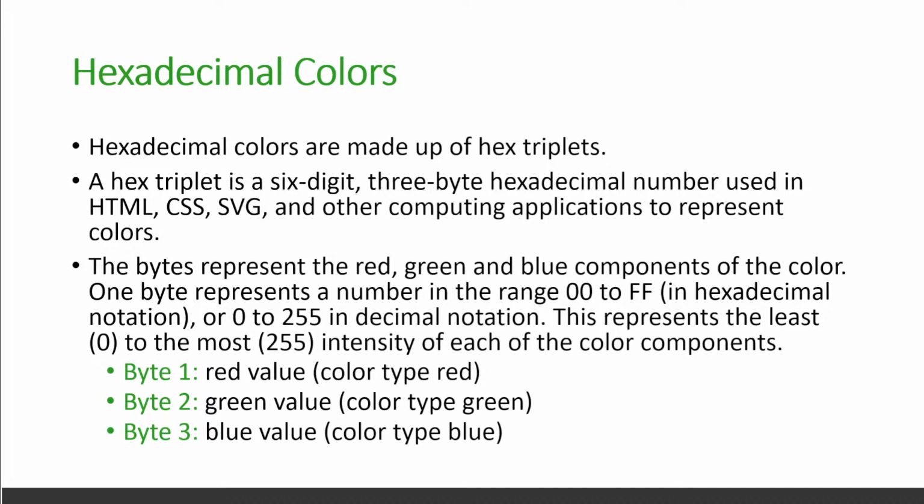The second 2 characters are the green value. And the final 2 characters, the third 2 characters, are the blue value. And these 2 characters range between 00 to FF, or if we were to convert that hexadecimal to decimal notation, 0 to 255.